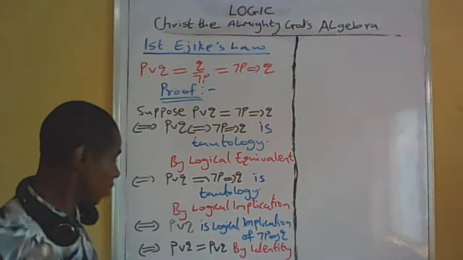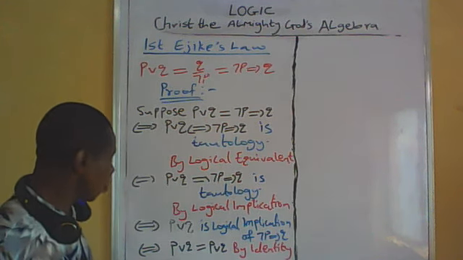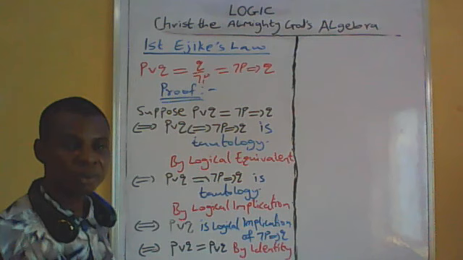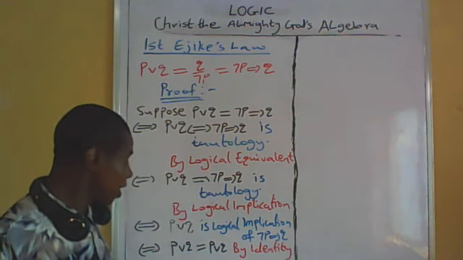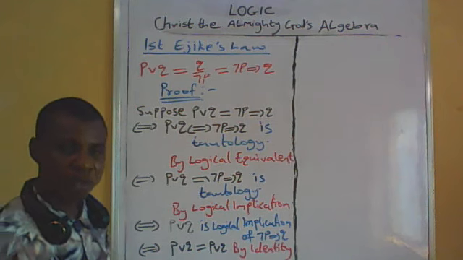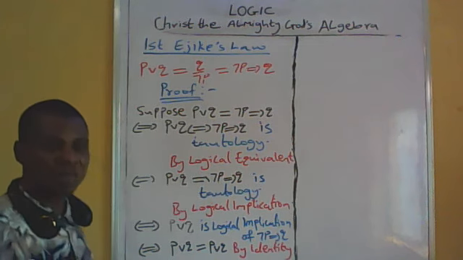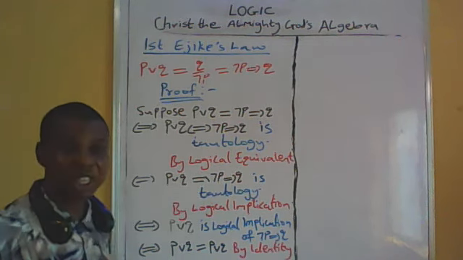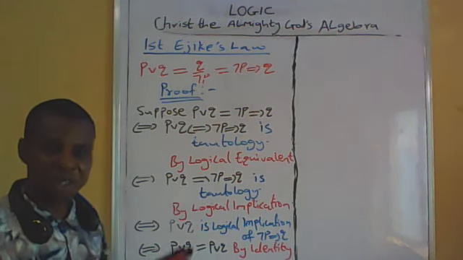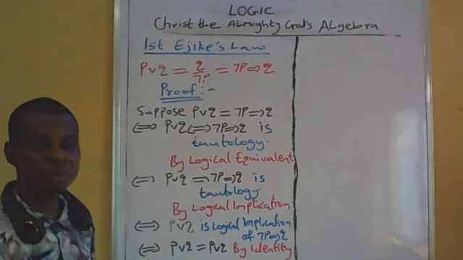It means that whenever the left hand side of P or Q is true, also the right hand side of P or Q is true. In the same vein, whenever the right hand side of P or Q is false, also the left hand side of P or Q is false. It is logical equivalent. Being justified by identity, that means the sameness.